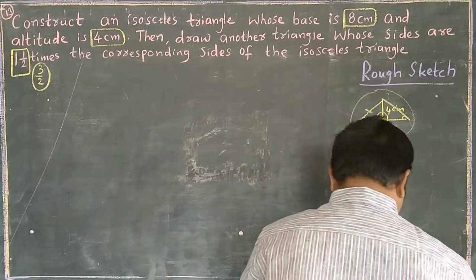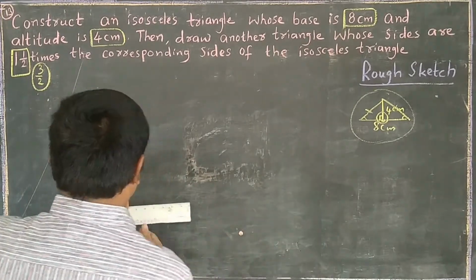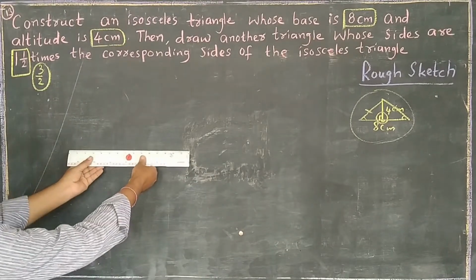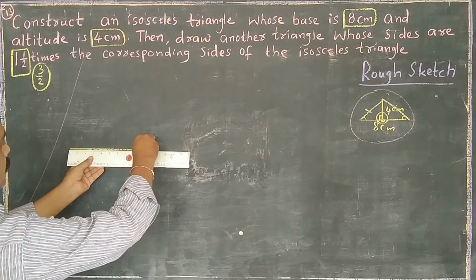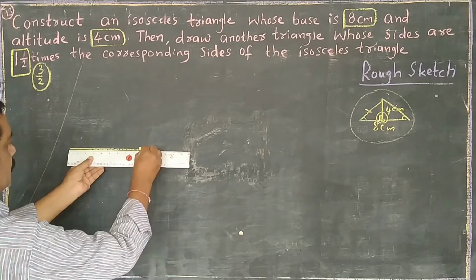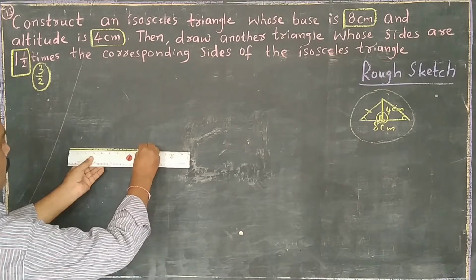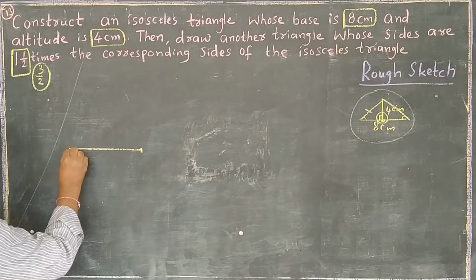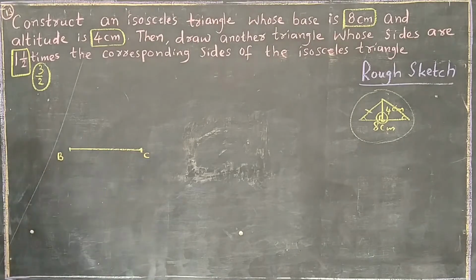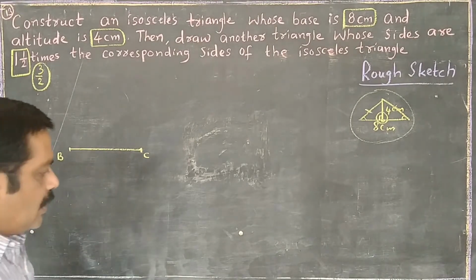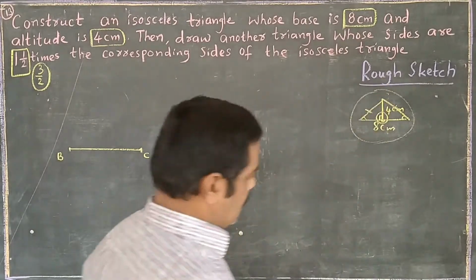First, I am going to construct the 8 centimeter line. This is the base, BC. Base drawn, now draw the perpendicular bisector line.